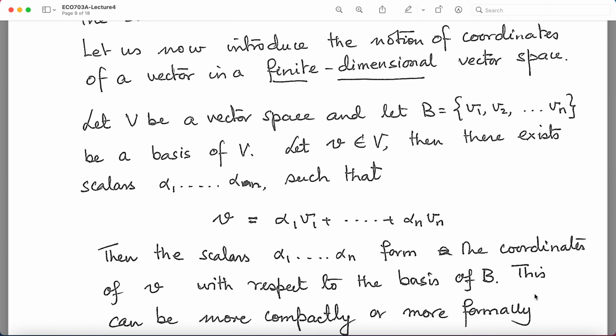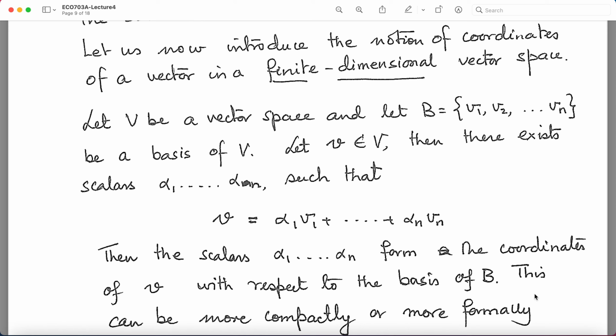Suppose V is a real vector space and it is n dimensional, then given any element of that vector space, that V has a corresponding element in Rn.